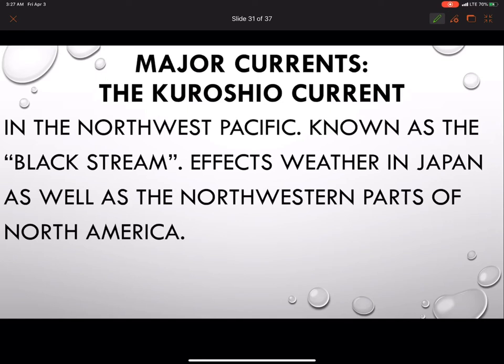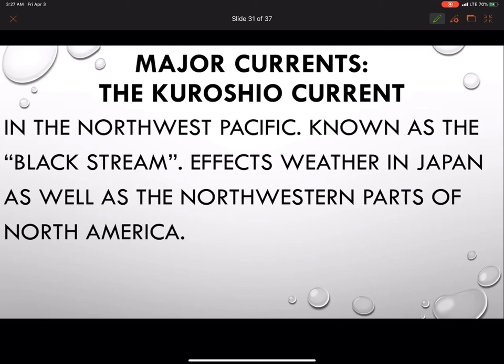That would include British Columbia up in Canada, Washington, Oregon, and parts of northern California and parts of Alaska. Okay, so the Kuroshio Current.